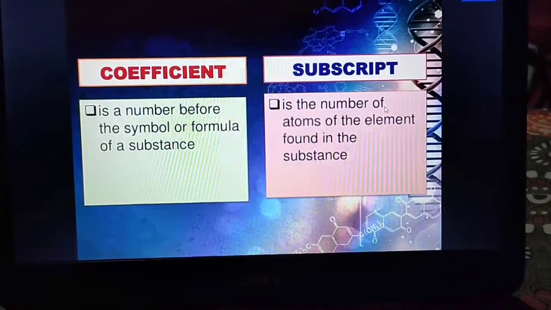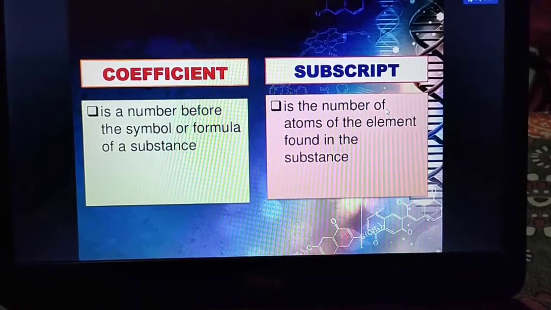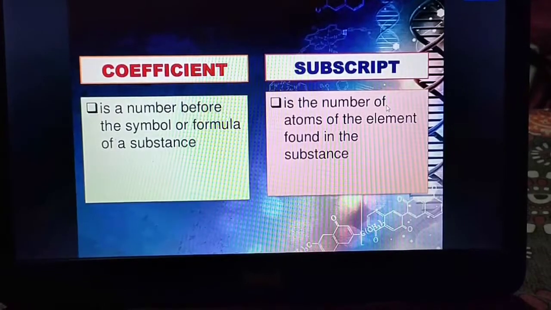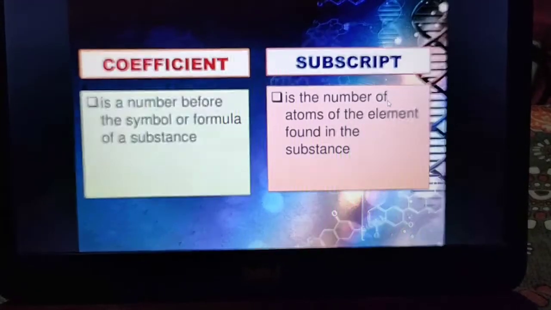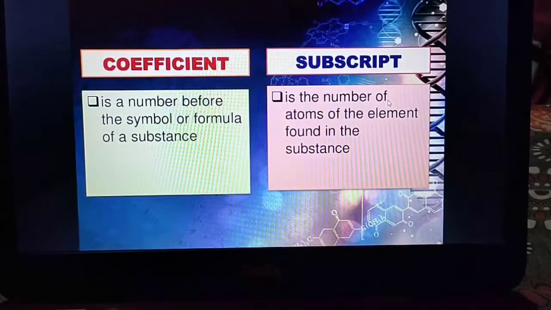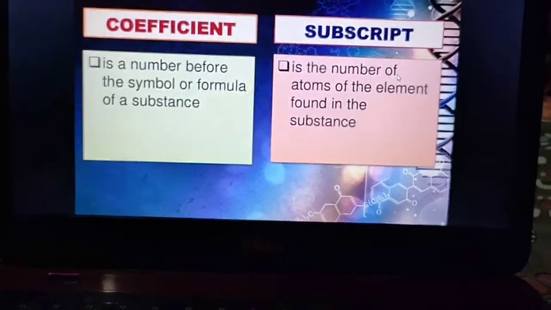A coefficient is a number before the symbol or formula of a substance. A subscript is the number of atoms of the element found in a substance. We will see that later also.